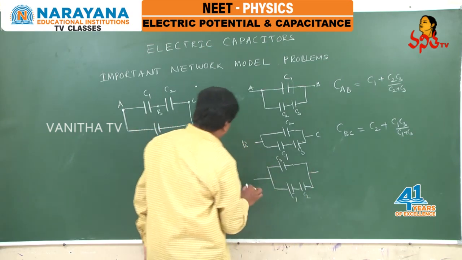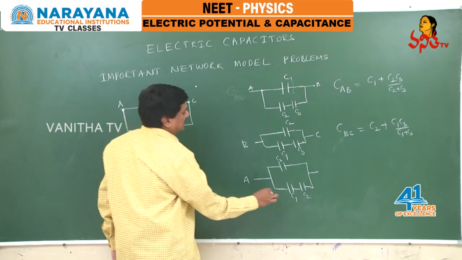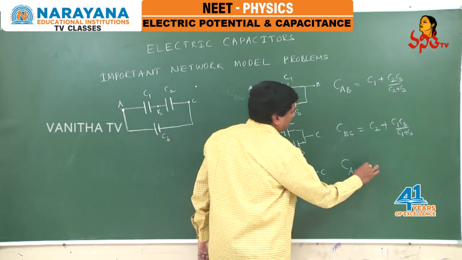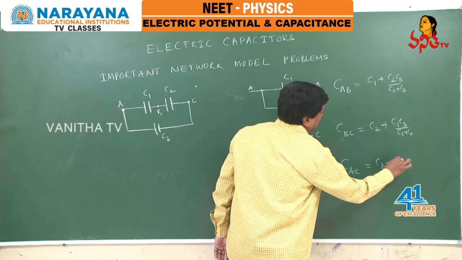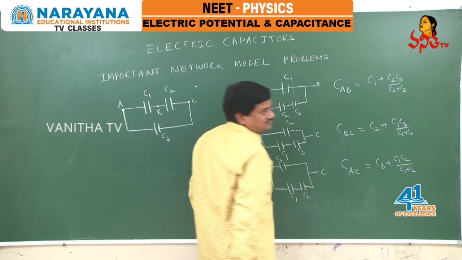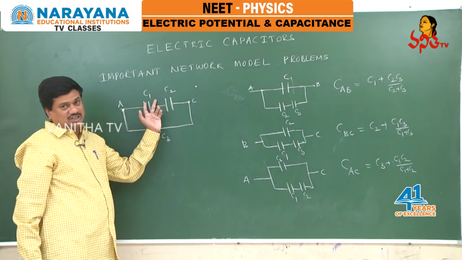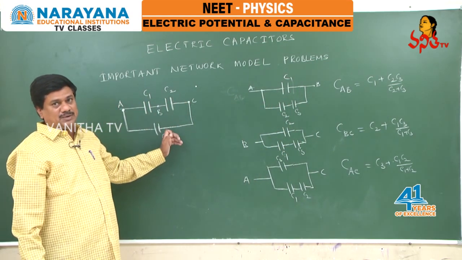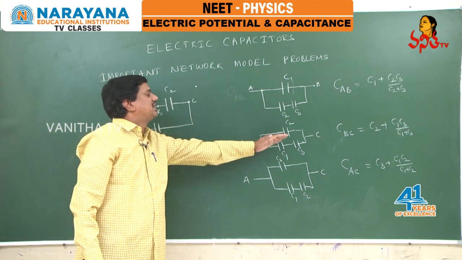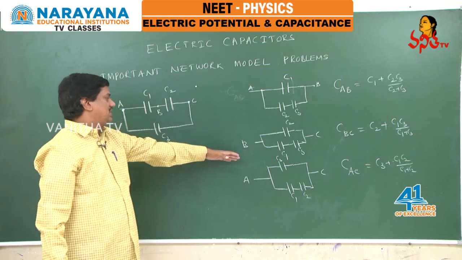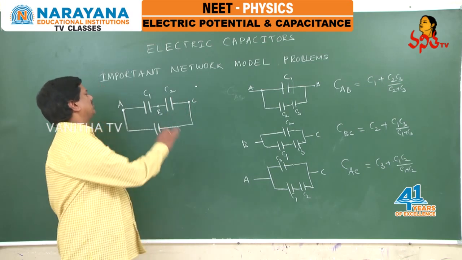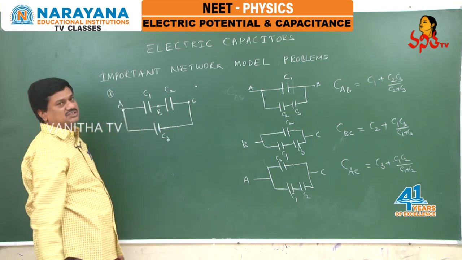We have started at A and this is C. So the capacitance between A and C is C3 plus the remaining part, that is C1 C2 by C1 plus C2. So the same set of 3 capacitors, but by considering different points, the circuit provides different capacitance. That is one of the important and of course easiest methods.